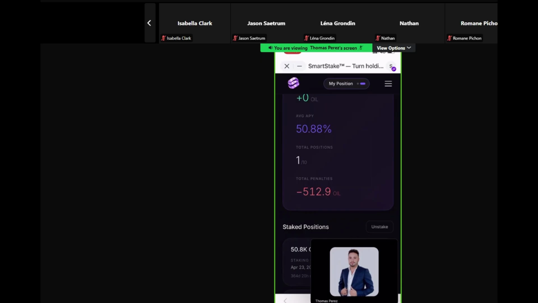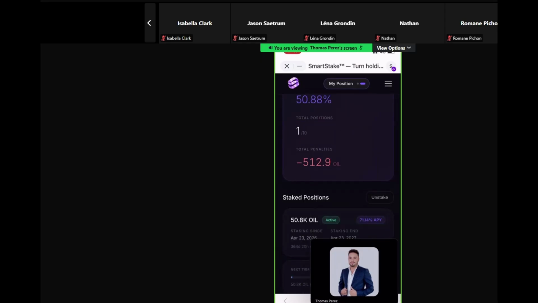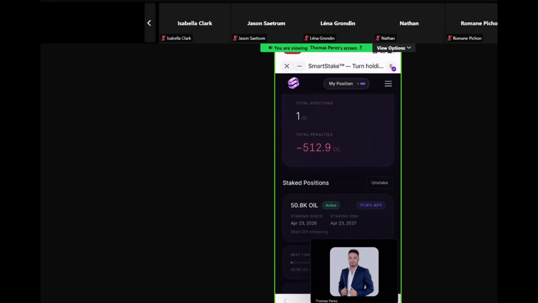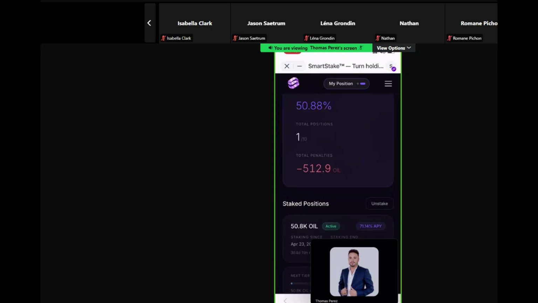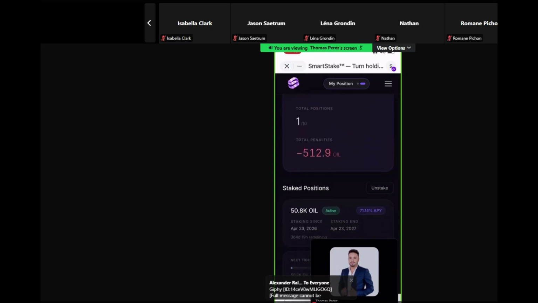So this is why you are limited to 10 positions maximum at the same time. So choose wisely your 10 positions. But when you stake a position, this is normal pending, so you can do it again and again, up to 10 active positions at the same time.